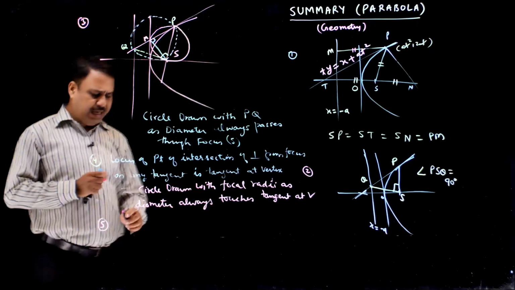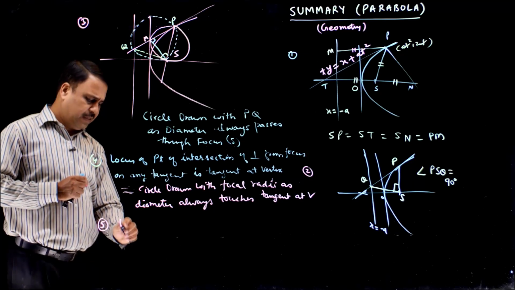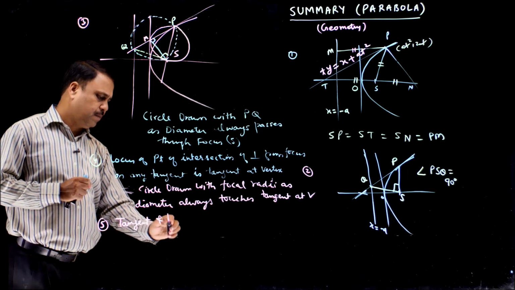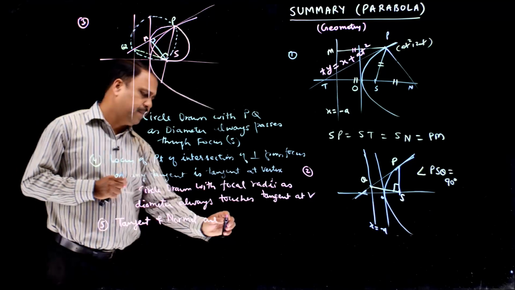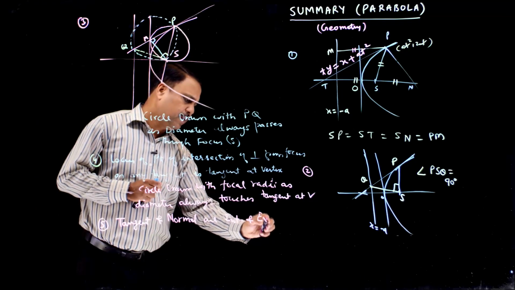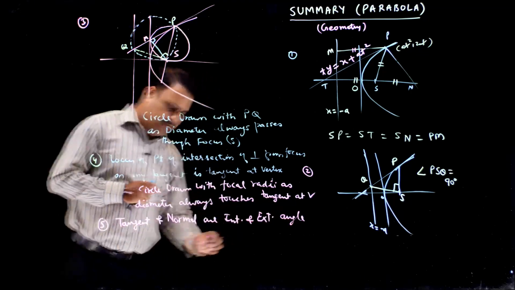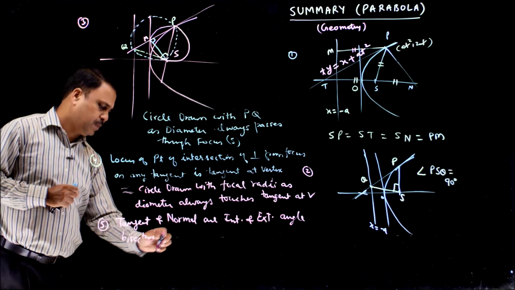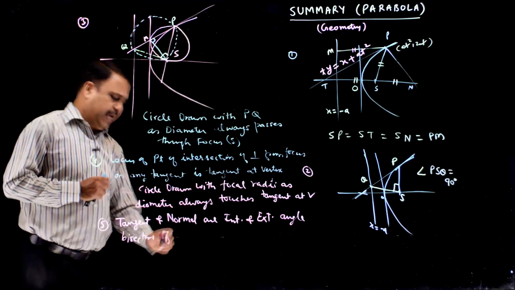This tangent is the internal angle bisector, and the normal is the external angle bisector of this angle MPS. That means tangent and normal are the internal and external angle bisectors of angle MPS.